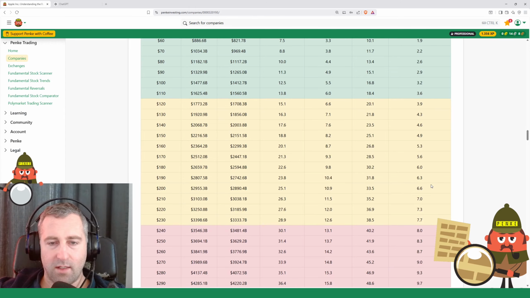You get a price range based on the ratios, your assumption, your valuation, whether it's fair value or cheap or expensive. So in this example, we are slightly overpriced.